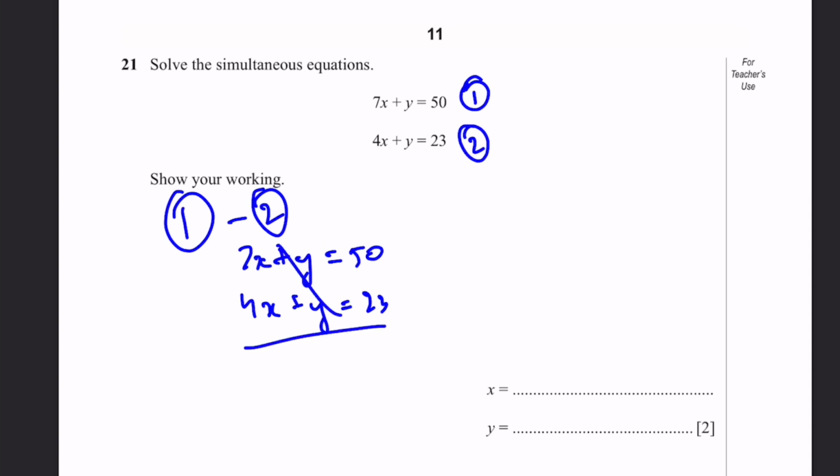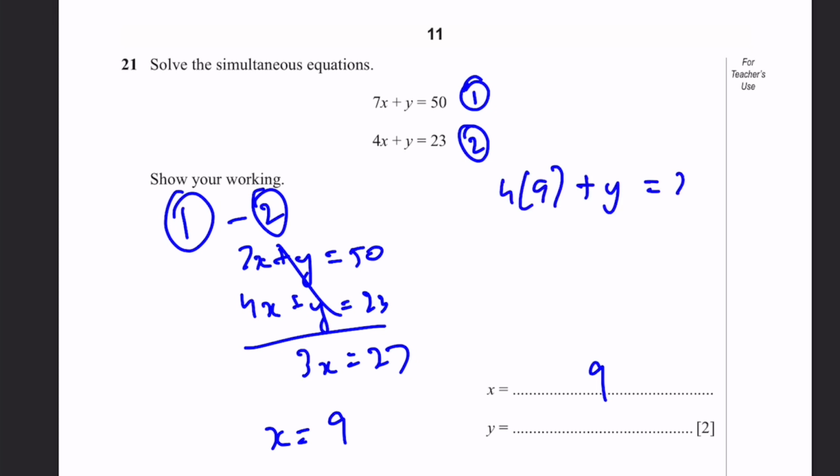Now let's cancel that out. 3x equals 27, and therefore x is equal to 9. Let's write that down. So if x equals 9, 4 into 9 plus y equals 23. Why? Because we're substituting x equals 9 into equation 2.